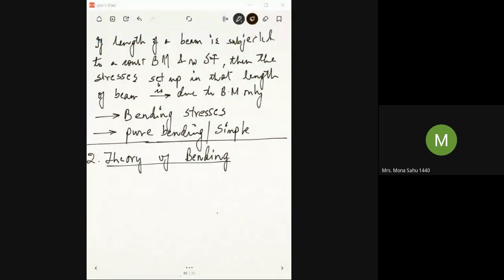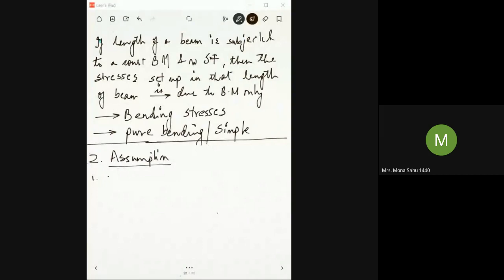Okay, before we go for theory of bending, there are some assumptions that need to be made, okay? On what basis the definition applies to a particular beam.